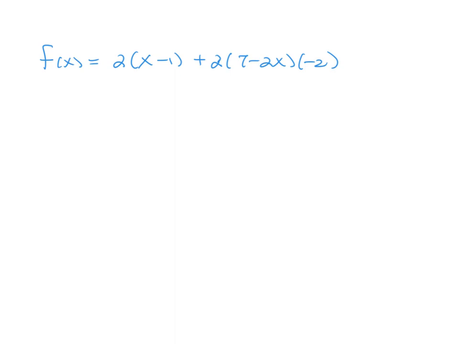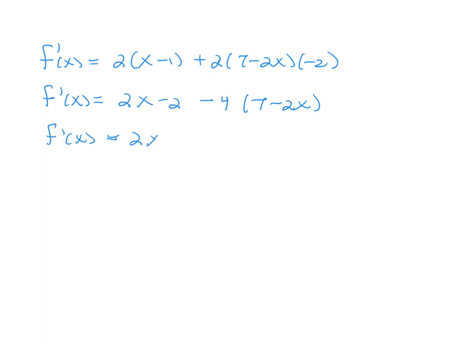So here's my function f prime of x. F prime of x is equal to, if you distribute in the 2, we get 2x minus 2, plus, if I take this 2 and multiply it by this negative 2, that's negative 4. So I'm going to call it minus 4 times (7 minus 2x). I can now multiply negative 4 into the parentheses.